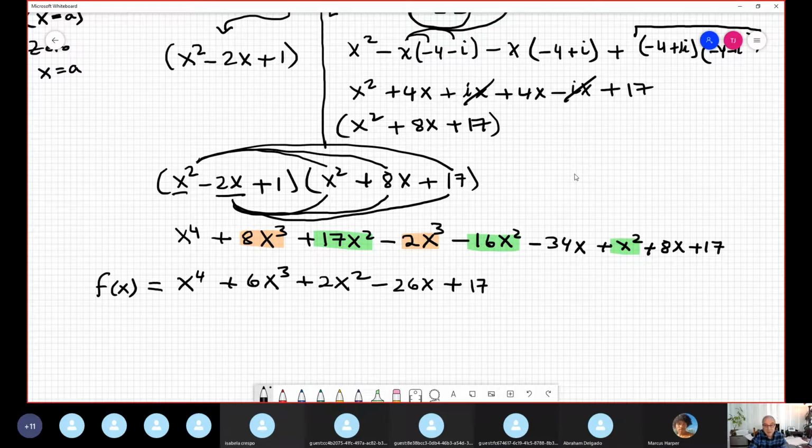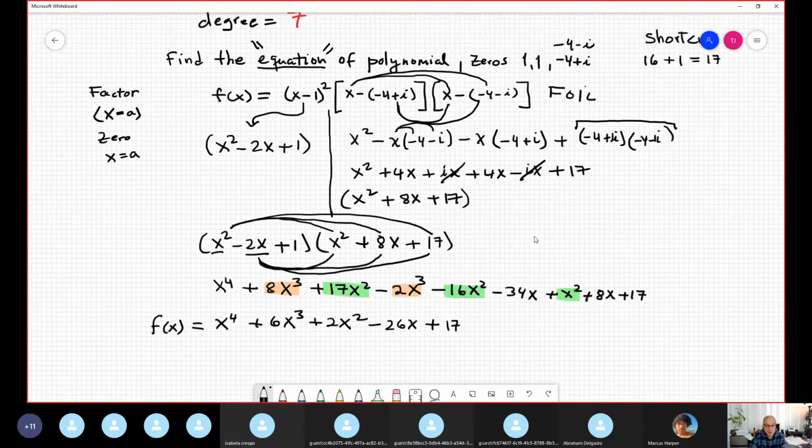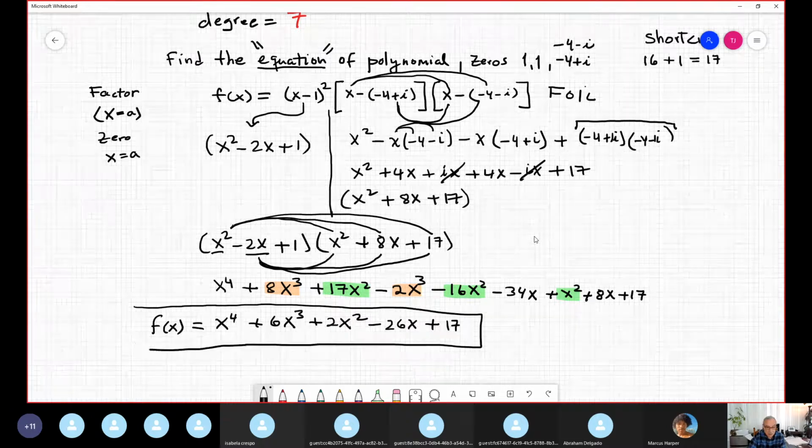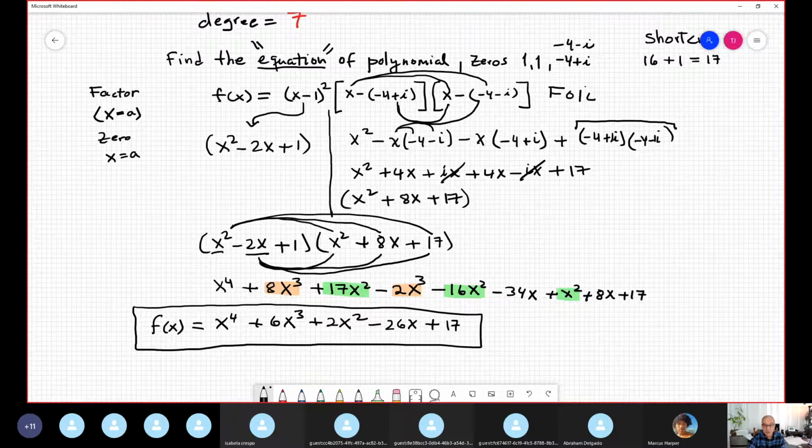It's the equation for the polynomial that satisfies that condition, no? Let me put it in a box because it's important. Too hard to get that. So it's important. Okay, that satisfies the condition, no? The condition, remember, is 1 twice, and this complex. Well, one complex is given, another not.